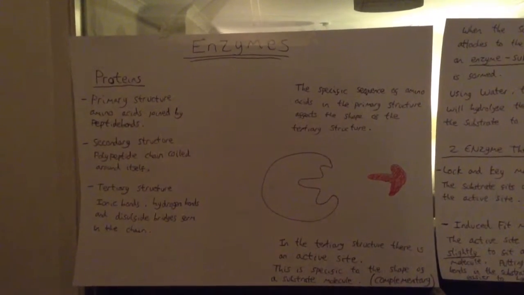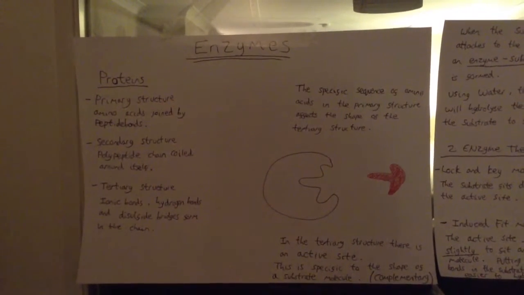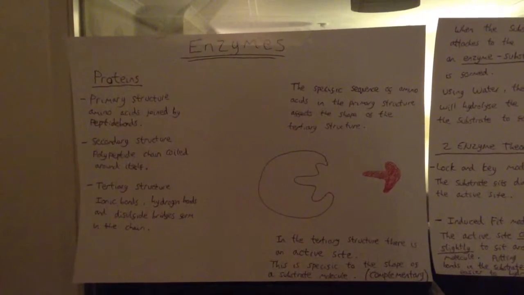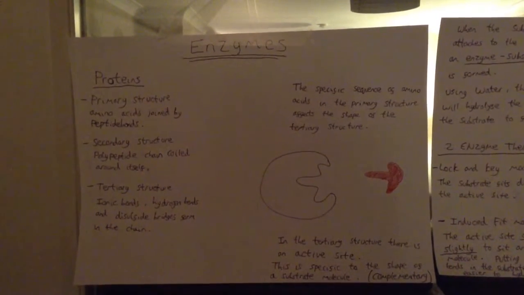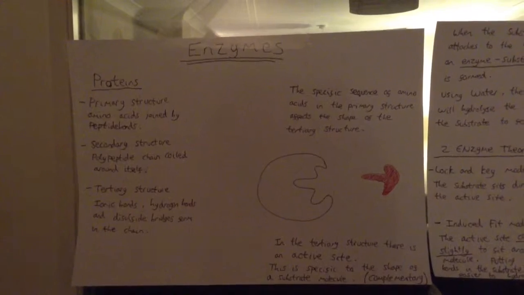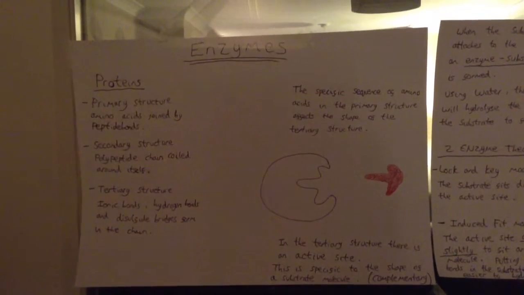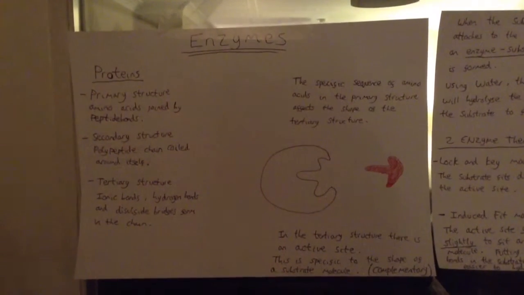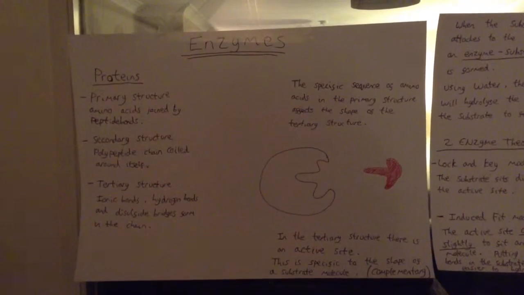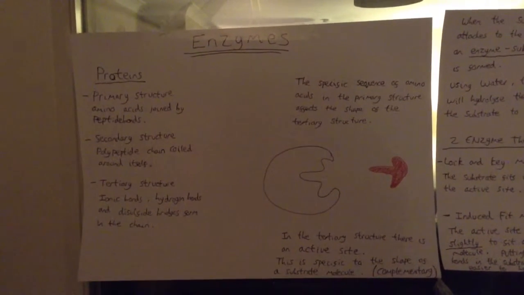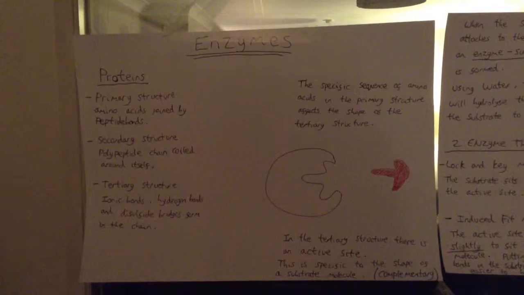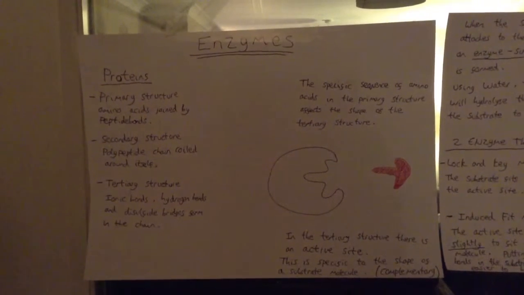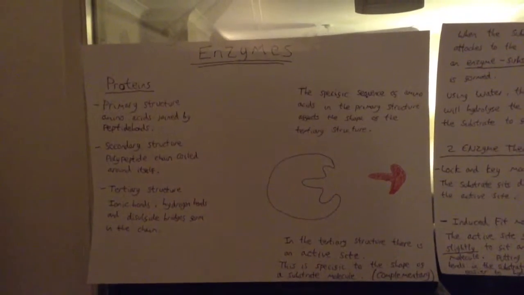Then the tertiary structure, which is the one you need to know for enzymes, is when ionic, hydrogen and disulfide bridges form in the chain. So the chain will wrap around itself and actually form these ionic bonds, hydrogen bonds and disulfide bridges. And that's what you need to know for enzymes specifically later on.